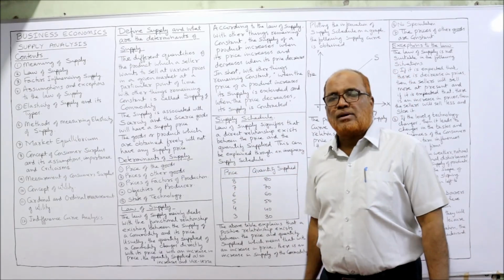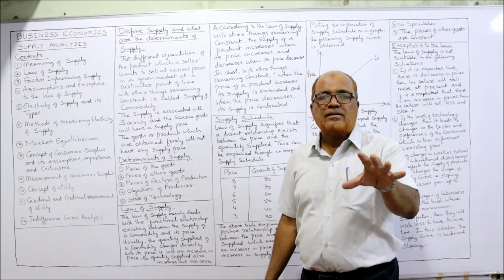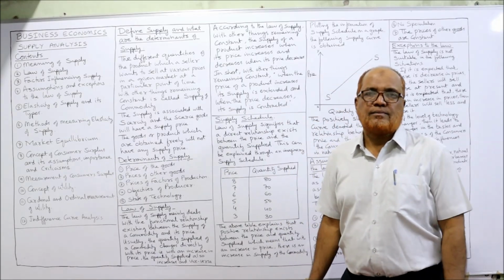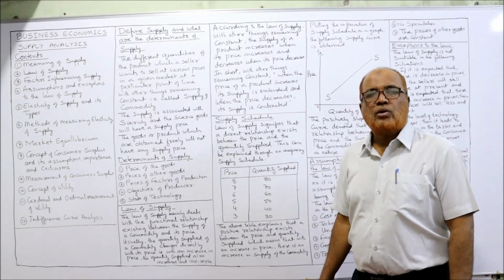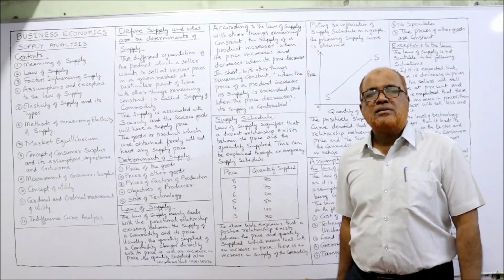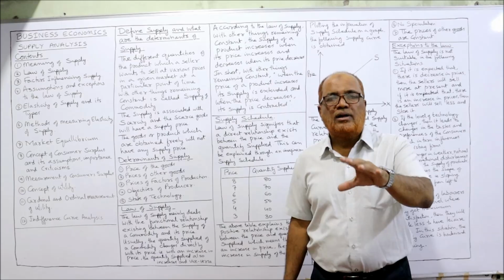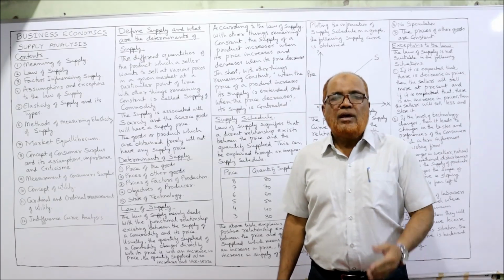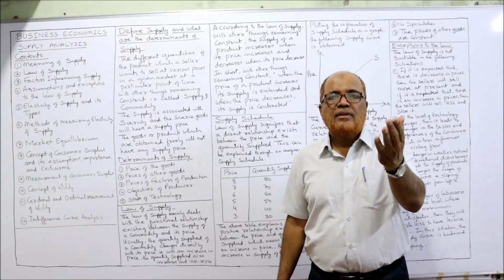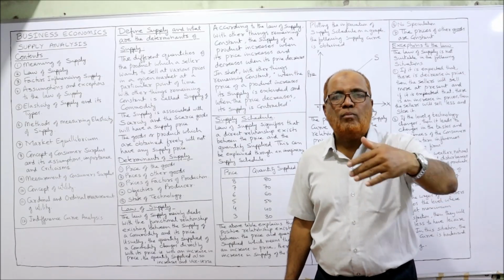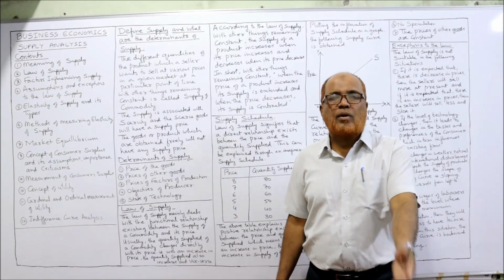Now, determinants of supply. The supply depends on a number of factors, a number of determinants. So what are the determinants? First one, price of the goods. The supply of a particular commodity depends on the price. If the price is higher, then the supplier will try to supply more goods in order to get more profit.